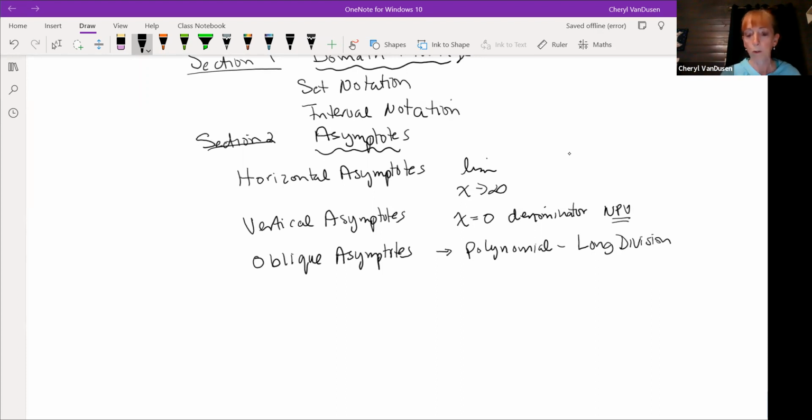So if we had a question, say we had something that looked like x cubed over x squared minus 1, then we would set it up as long division.